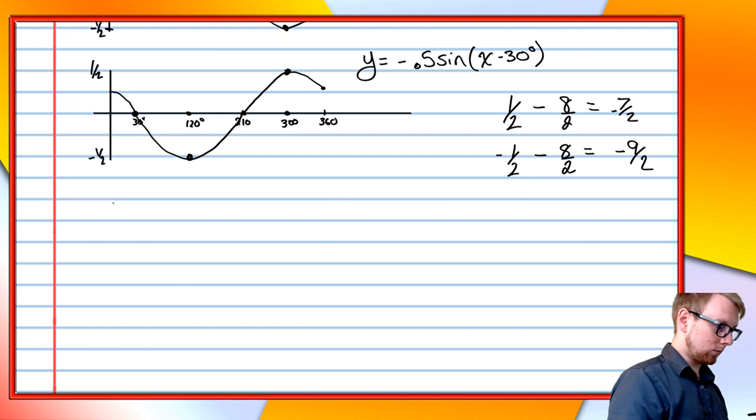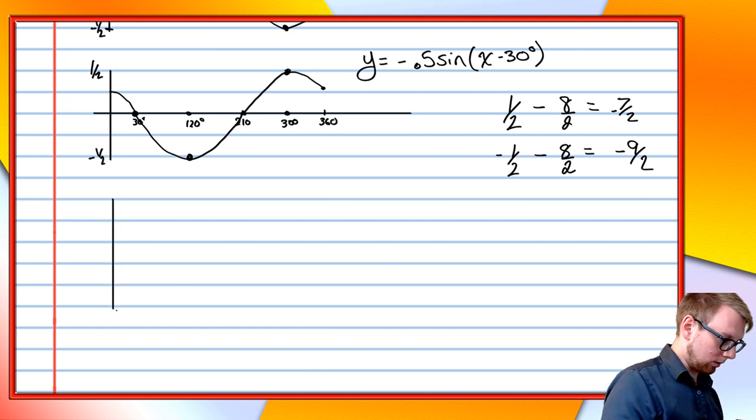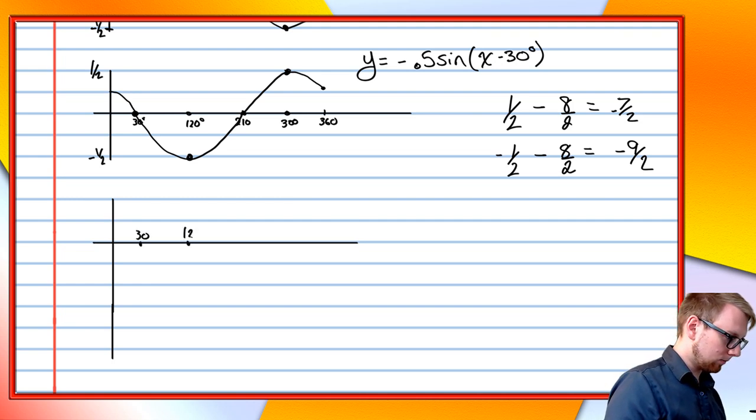So, just try your thing again and draw a little down. Here's our axes from before. 30, 120, 210, 300, 360.